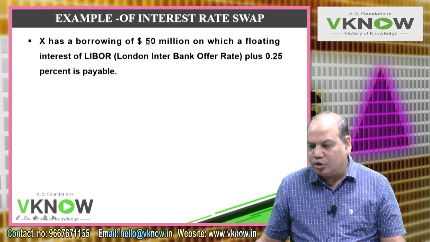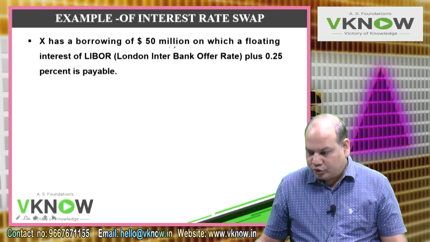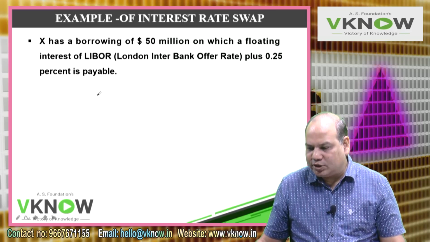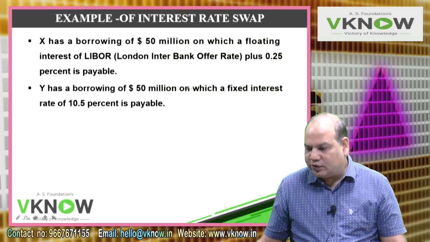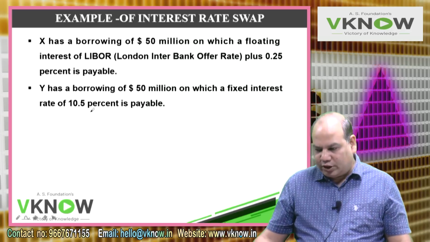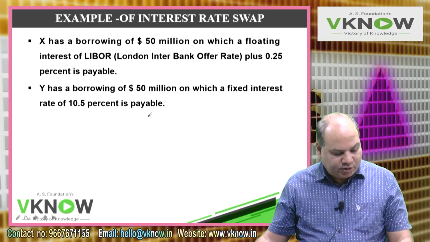A has a borrowing of $50 million on which a floating interest of LIBOR plus 0.25% is payable. Y has a borrowing of 50 million on which a fixed interest rate of 10.5% is payable.